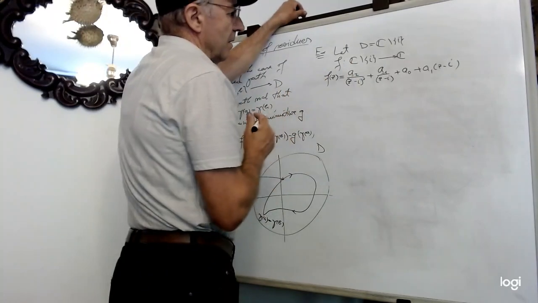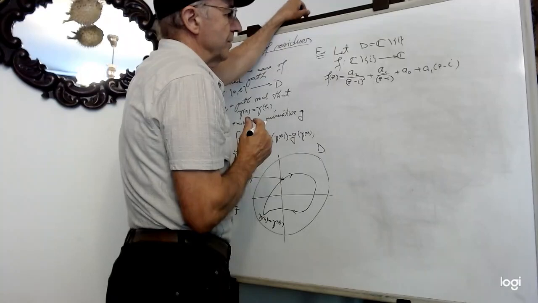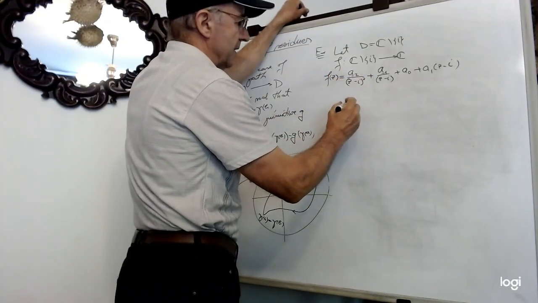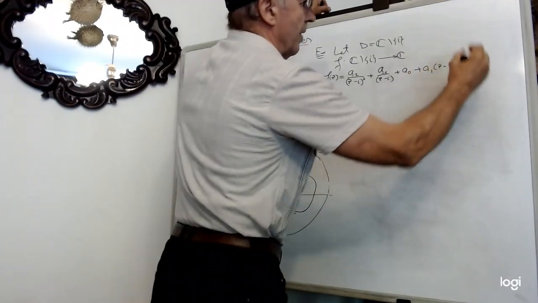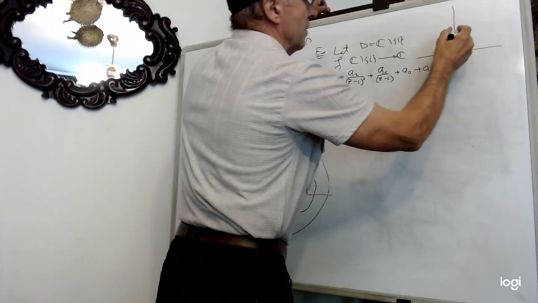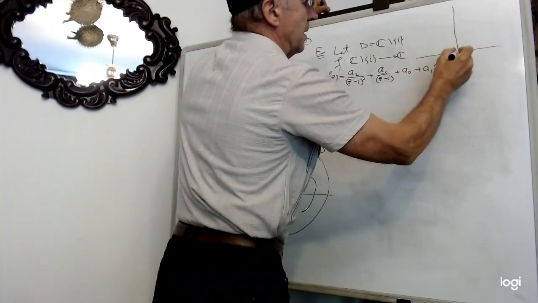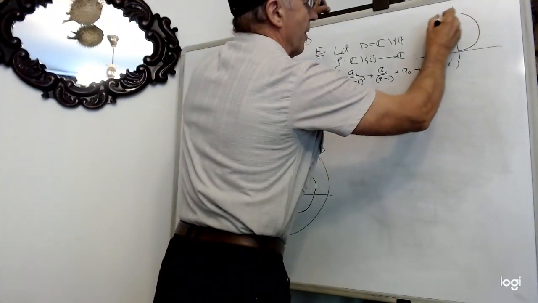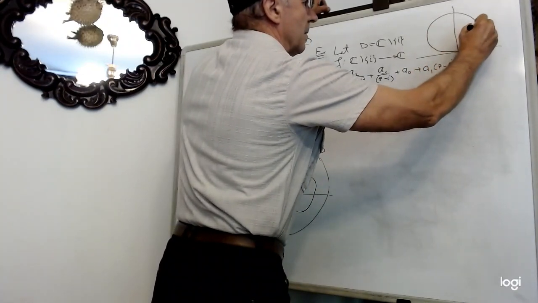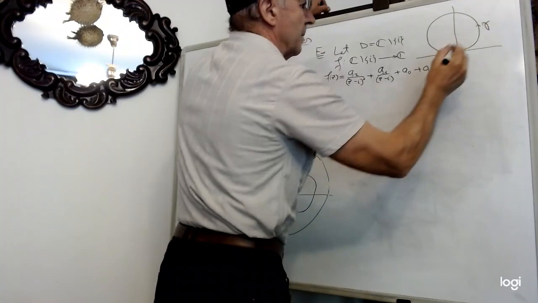This is a holomorphic function, and let us consider the following path, gamma.